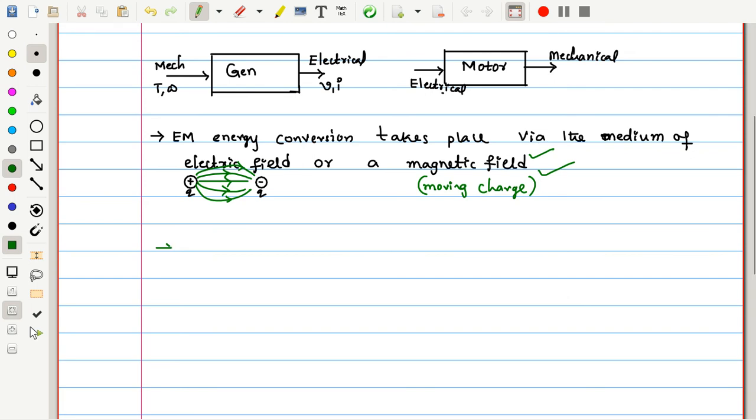Now let us see what kind of phenomena take place in these two machines. In the last class we discussed Faraday's law concepts.